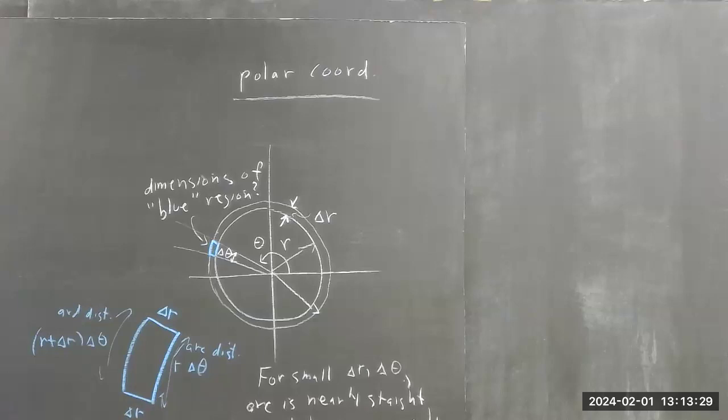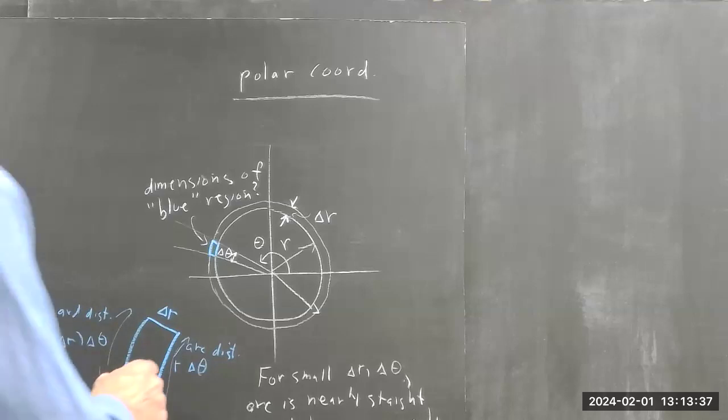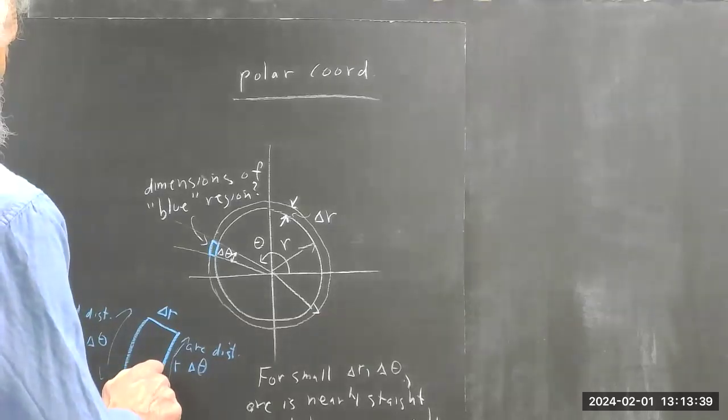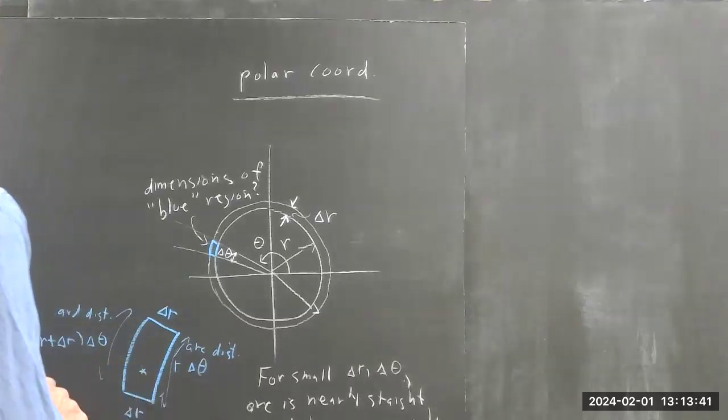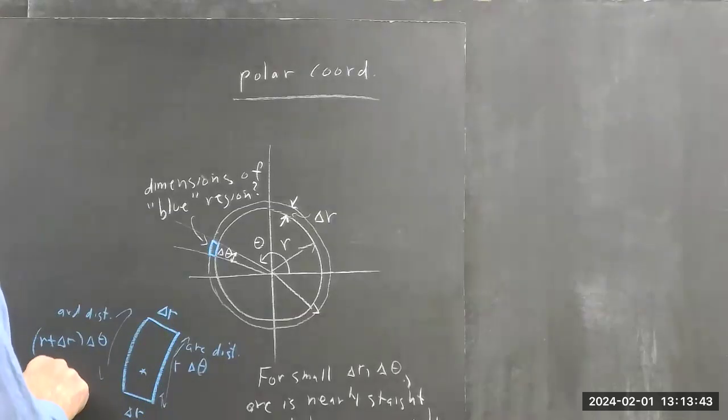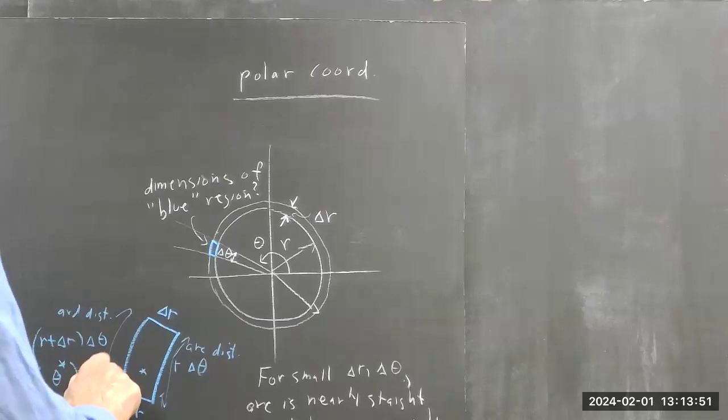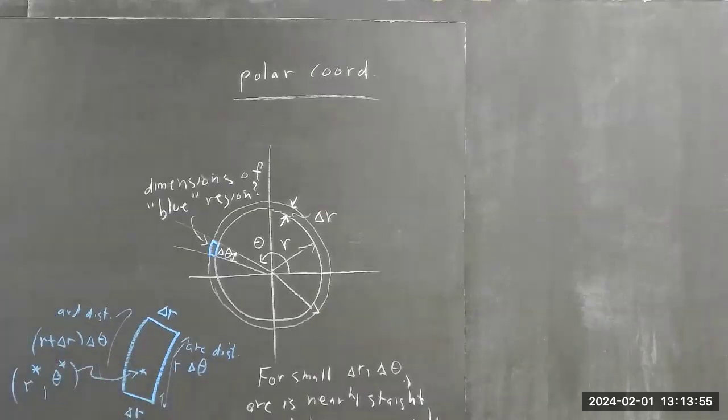What it then comes down to, and I'm going to skip a couple of steps, because what we do with area increments is we take some point, an arbitrary point, R star theta star, within the increment.